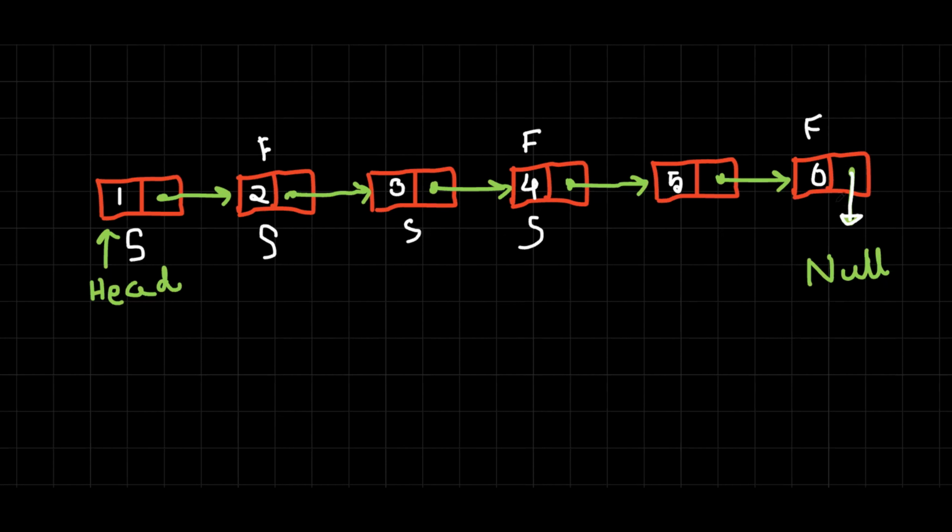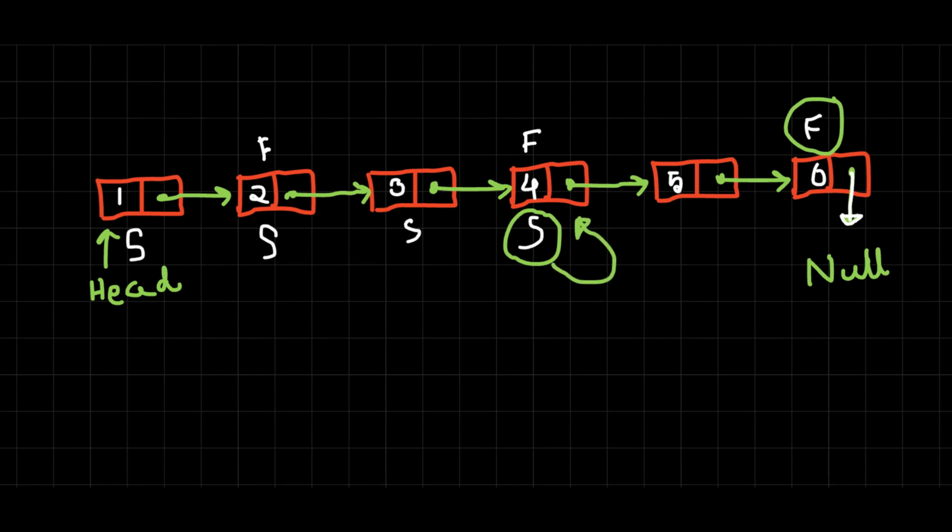That means we cannot expand the fast pointer anymore. So here, what we have seen is that our slow pointer is here and the fast pointer is here. And the slow pointer is pointing to the element 4.